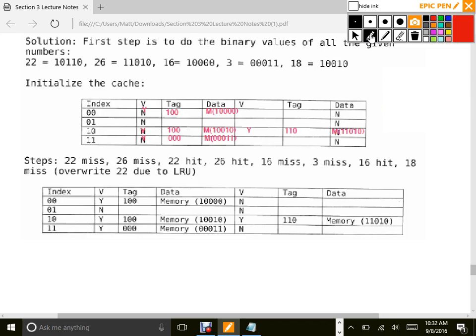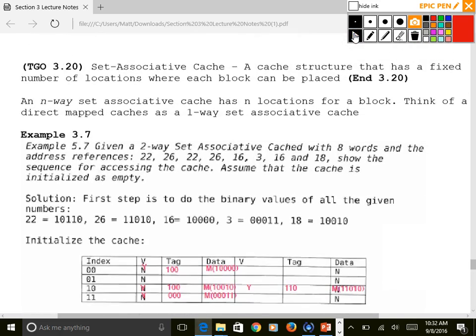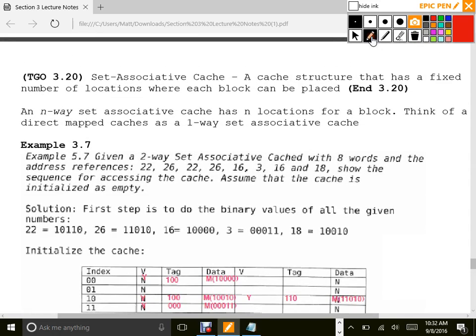Correct. That's what's known as two-way set associative. For those watching on the video later, the question is whether each row is storing 2 blocks. Yes, that's why we defined this as a two-way set associative cache, with 2 blocks in each associativity.